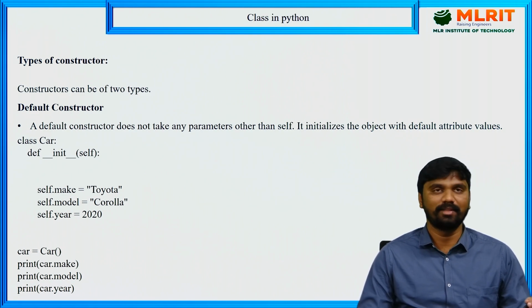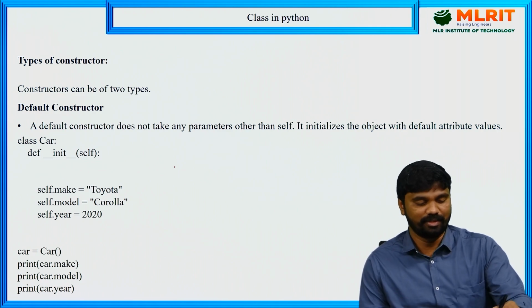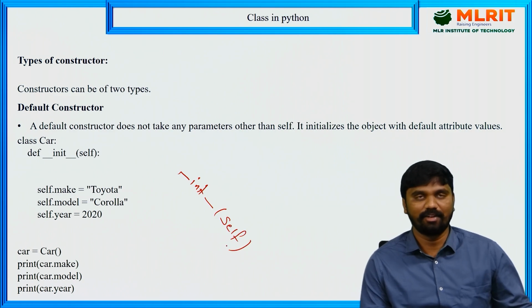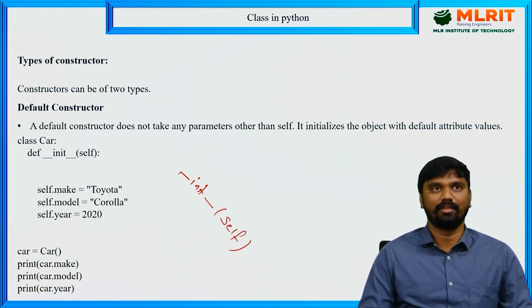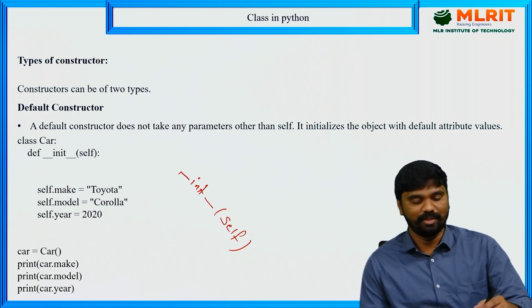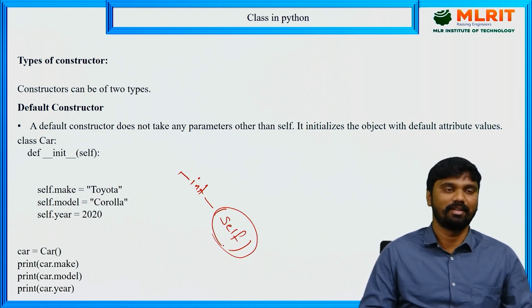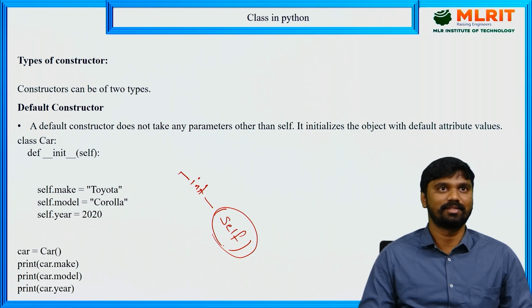In Python, we have to define the constructor with the name double underscore init double underscore, and we have to pass the self parameter. The self parameter must be the first parameter. If the self parameter is not the first parameter, then we will get a positional argument error, which we can call a reference error.